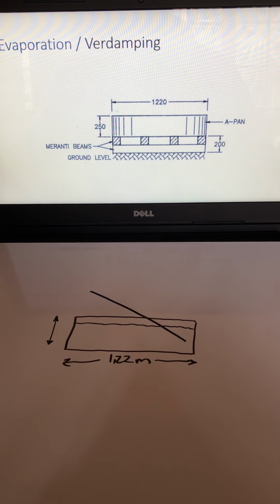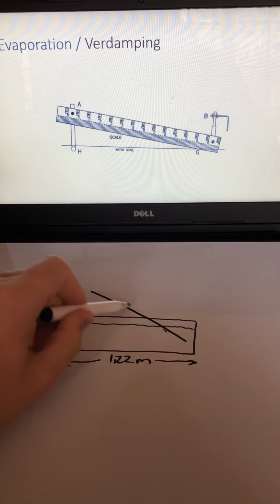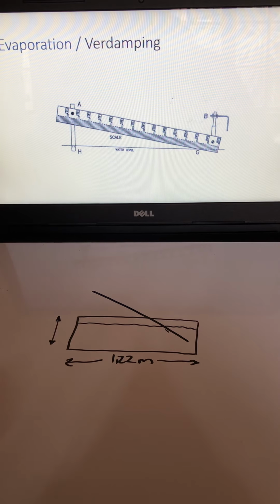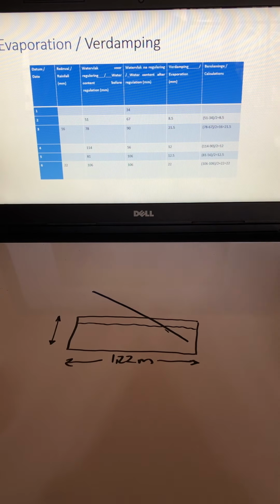So if we look at a representation of the pan, this diagonal scale that you see here, that's how it looks. And then that is how one looks if you would take a picture of it.